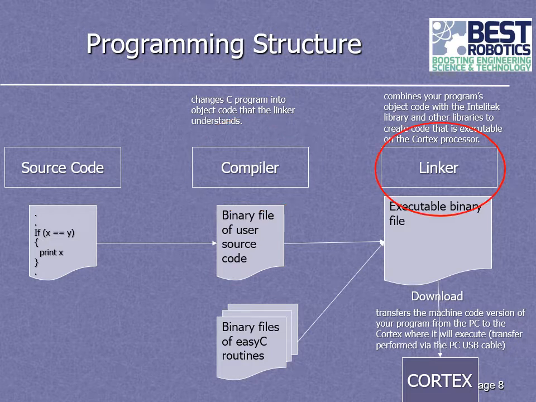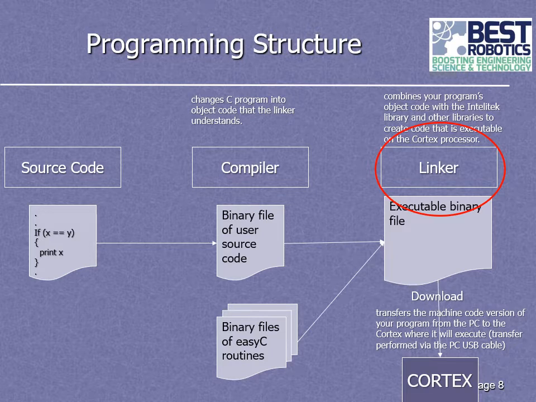Then the linker is going to take that binary file that the compiler just created, and bring in a bunch of other binary files, potentially, that were loaded with the system. These are all the predefined functions that you use, and other things that it will need, like printing capabilities, whatever's built into the system.